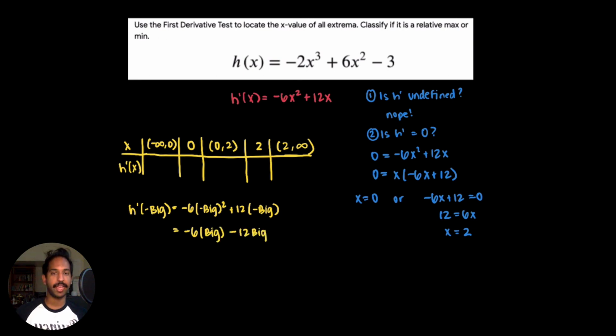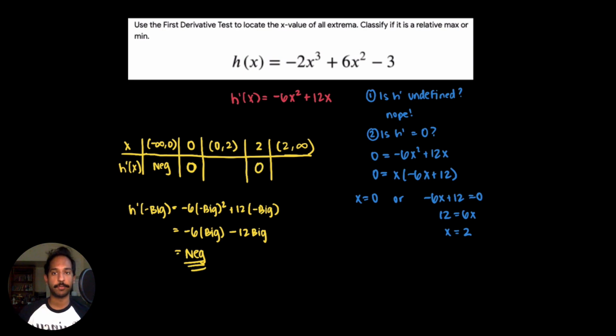But here's the thing. A negative minus a negative, it's just going to be even more negative. So this is going to be negative. So we can write that in, negative. We already saw that h prime of x when it's 0 is 0, and also for 2, it's 0. Oh dear, I erased everything. There we go. It's 0.